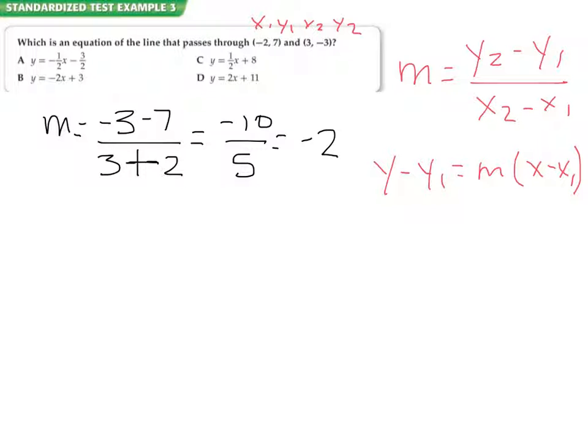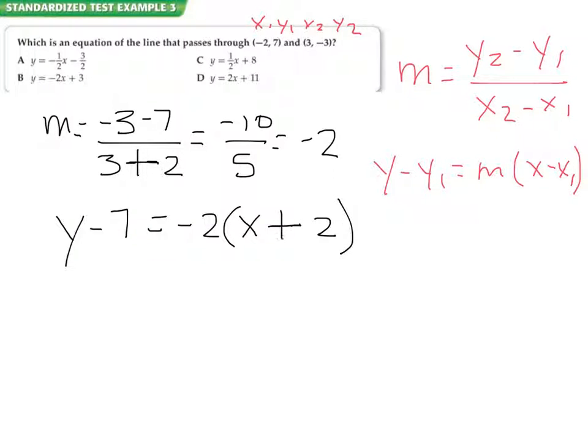Now I'm going to use my point-slope form. So y minus, I'm still going to use the y1 that I originally labeled up here. So y minus 7 equals the slope that I just got, which was -2, times x minus that original x1 value, which was -2.